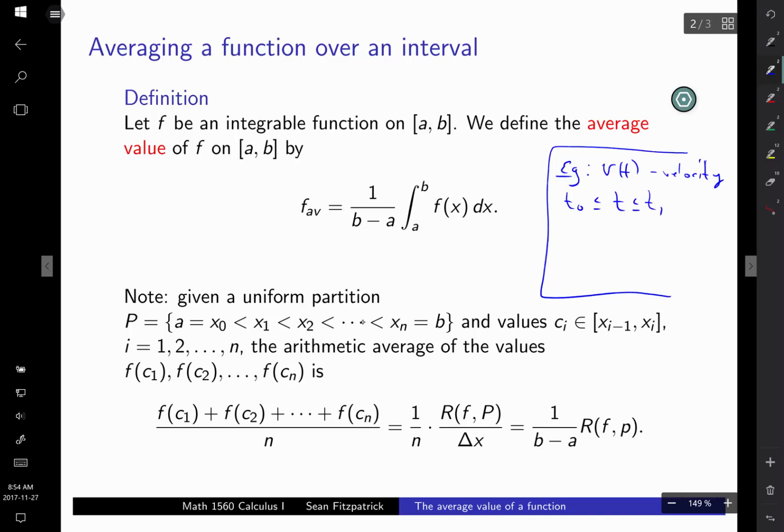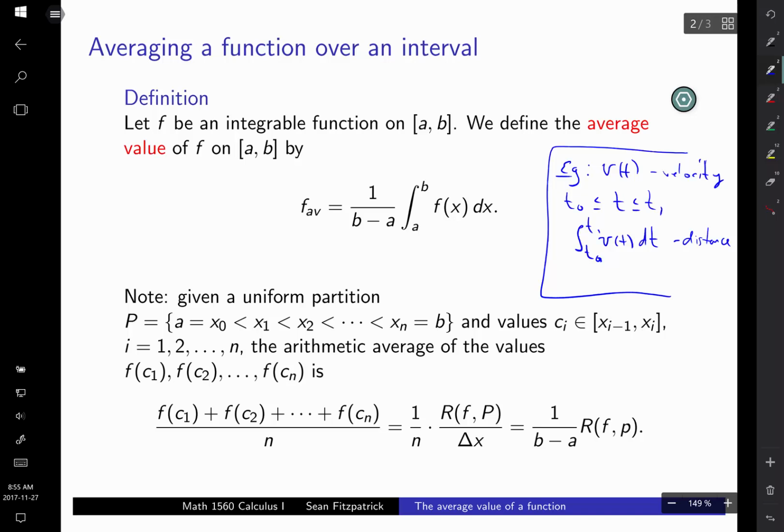We know that the integral from t0 to t1 of v of t dt is going to give you your total displacement, your distance. And so integrating the velocity gives you your distance traveled, and dividing by the time it took to travel that distance, which would be t1 minus t0, gives you your average speed over that interval, right?